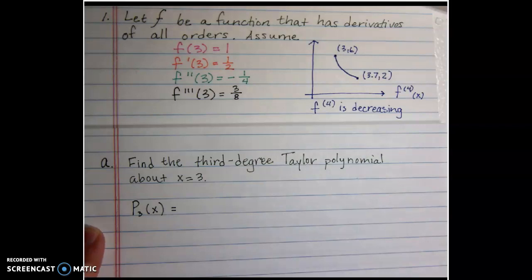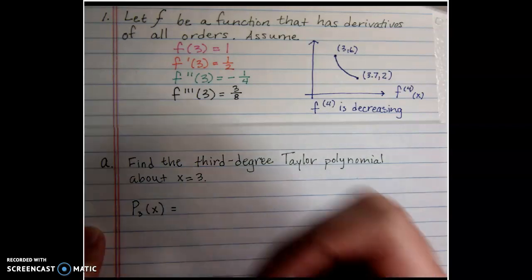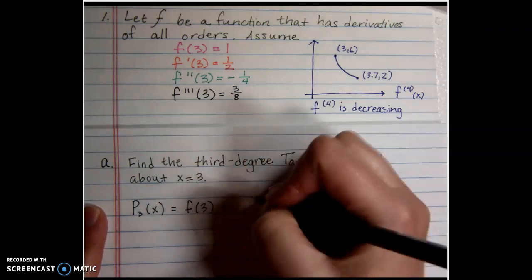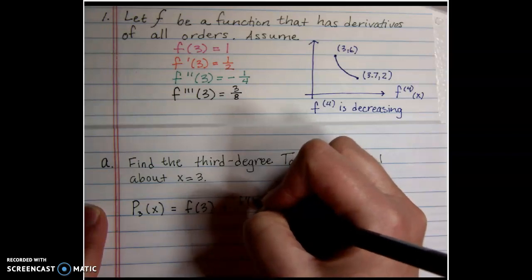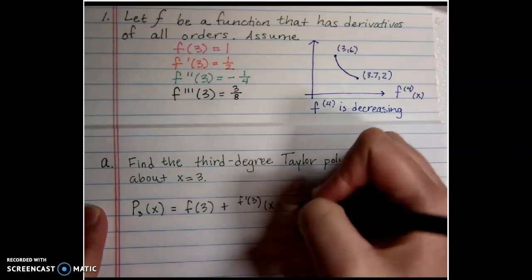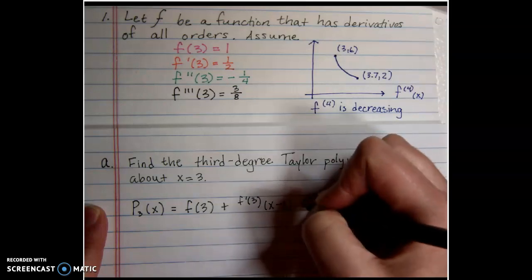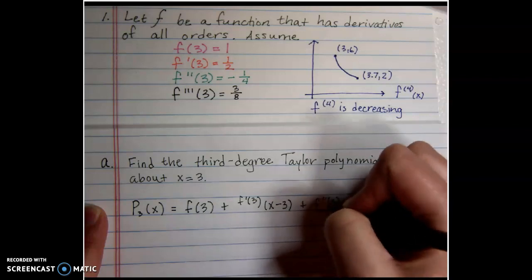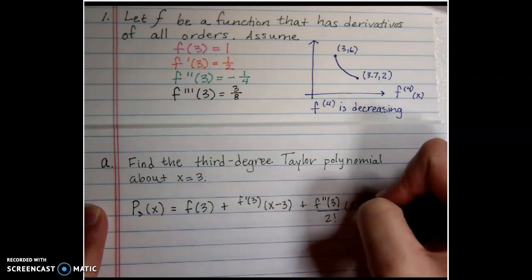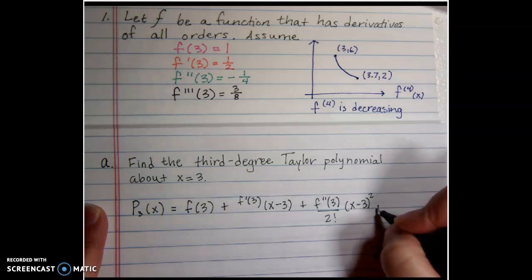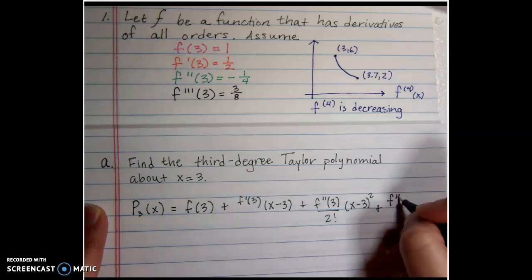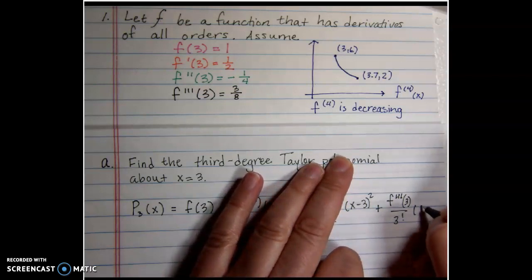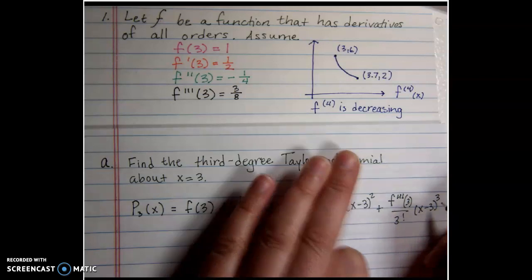And the way I'm going to fill that in is using the Taylor series formula, which says we're going to figure out f of 3 plus f prime of 3 times x minus 3 plus f double prime of 3 divided by 2 factorial times x minus 3 squared plus f triple prime of 3 divided by 3 factorial times x minus 3 to the third.